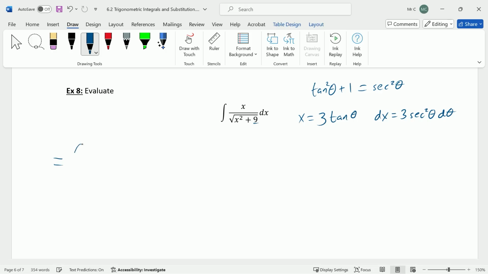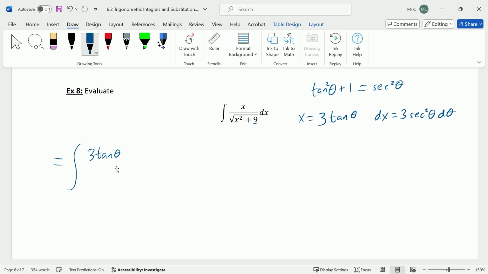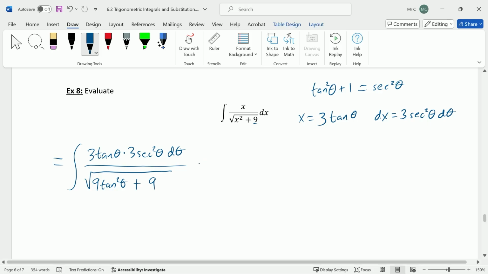And we can start substituting. We get 3 tangent of theta for x. My dx I can replace with 3 secant squared of theta d theta. And down here, x squared will be 9 tangent squared of theta plus the 9 that was already there. So up top, 3 times 3 is 9.